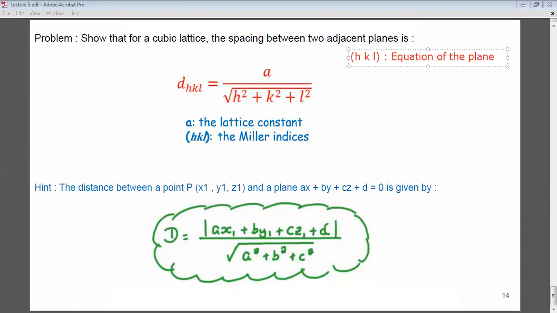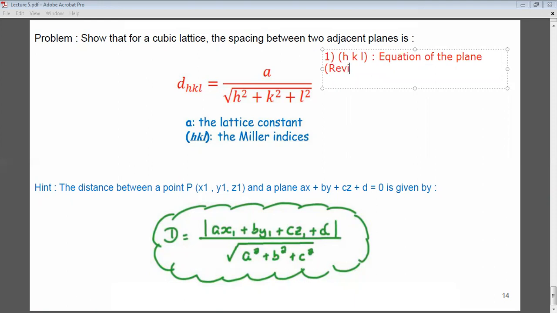This is step number 1. So you find the equation of the plane HKL. Step number 2, and this is how to do it: just review or Google it for revision.